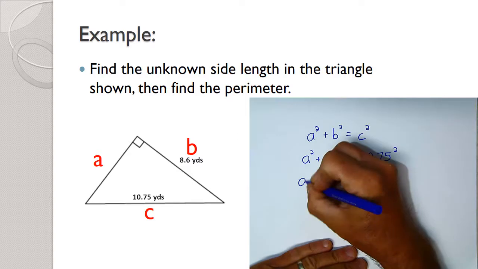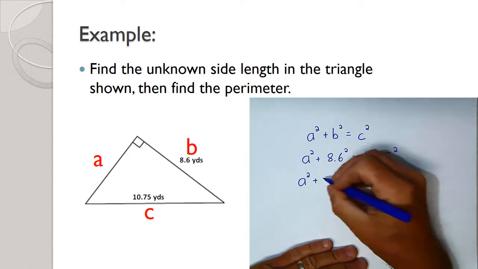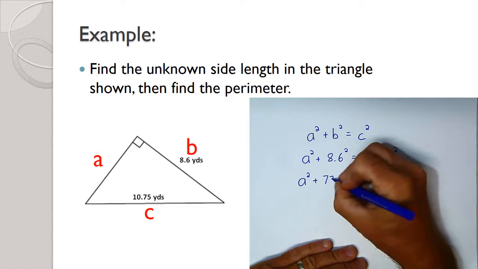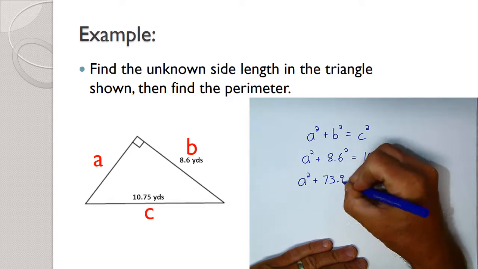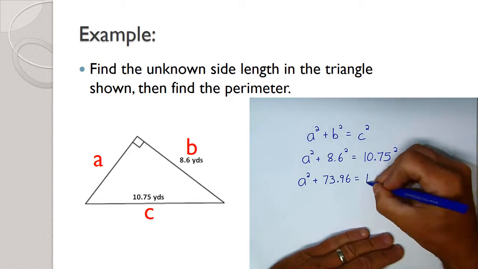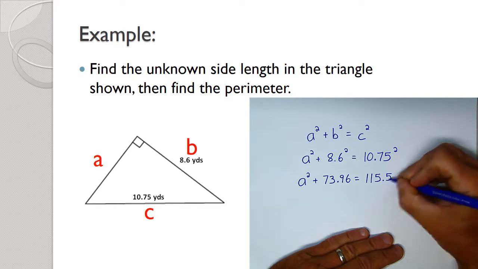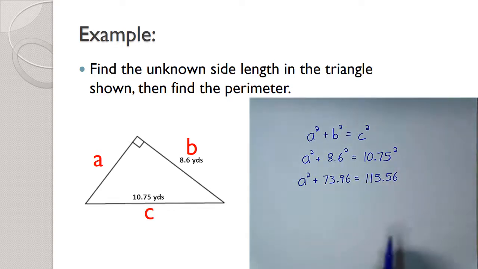So we have a squared, which we can't do anything with. 8.6 squared, yeah, we can square that. On your calculator, you can verify that that's 73.96. Equals 10.75 squared, that's 115.56.